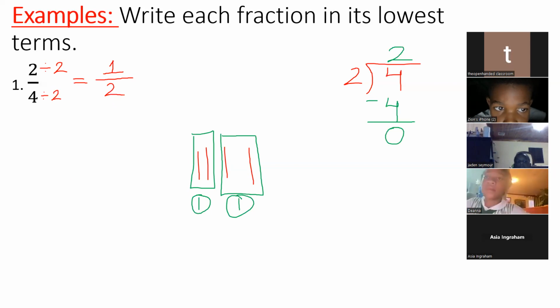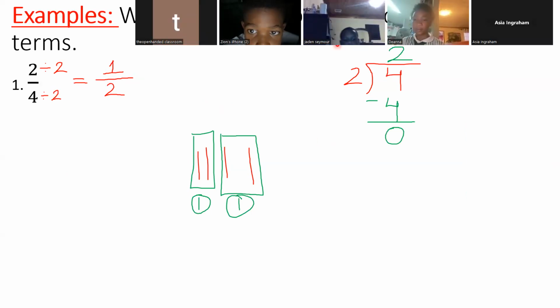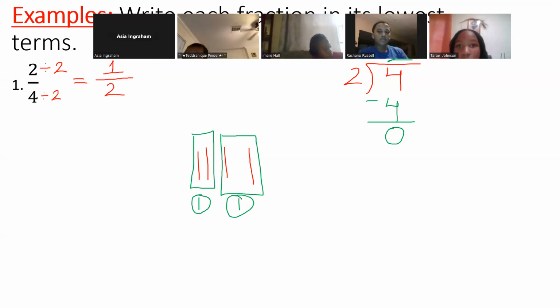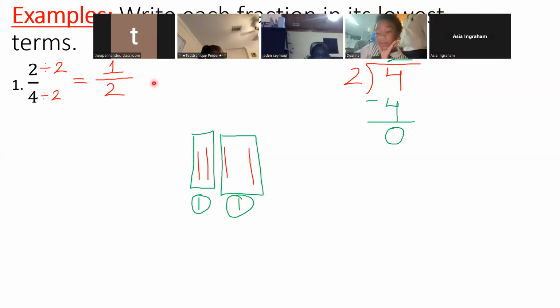2. All right. Any questions on how we got a half for this one? Jaden? Zion? Asia, you understand how we got 1/2? Yes, sir. Tetranik, explain how we got 1/2.